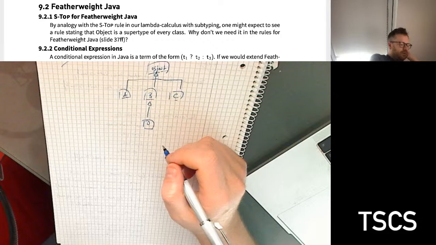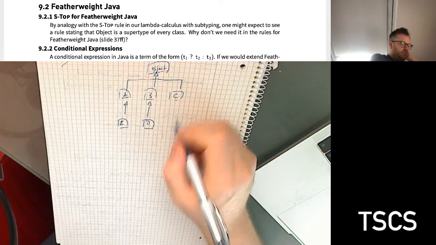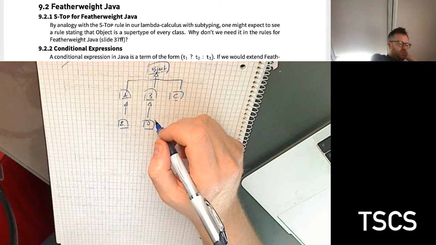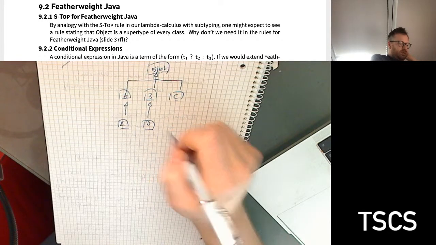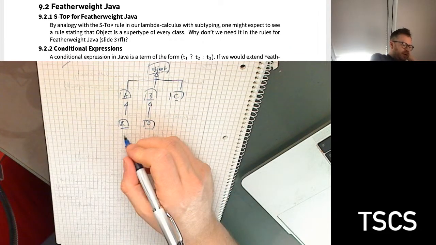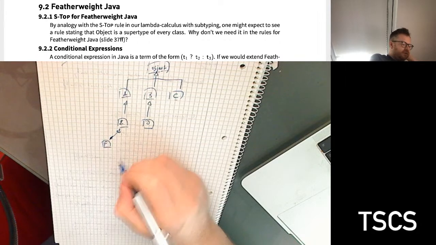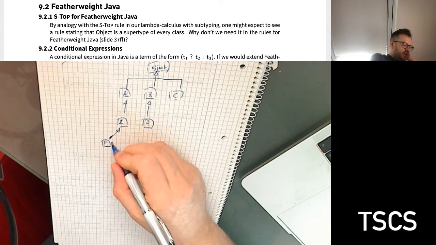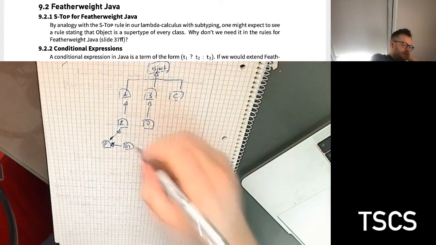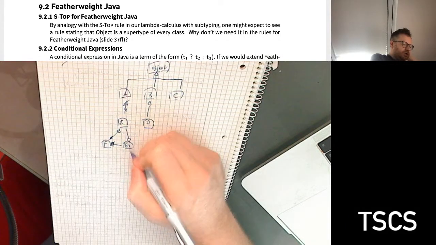But for instance, let's make a more complex cycle. Let's say we have E also, and F down here, and this F has a G, and E now extends from G. We couldn't have those.